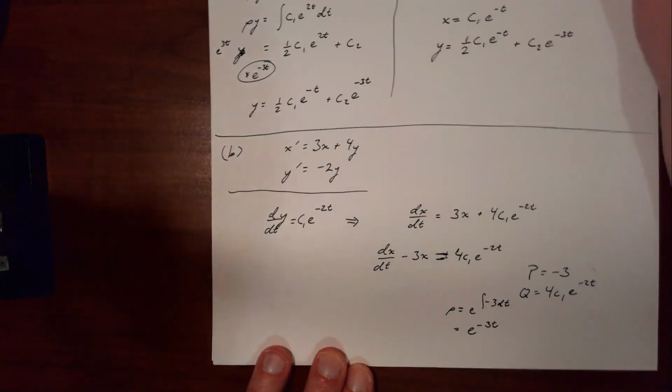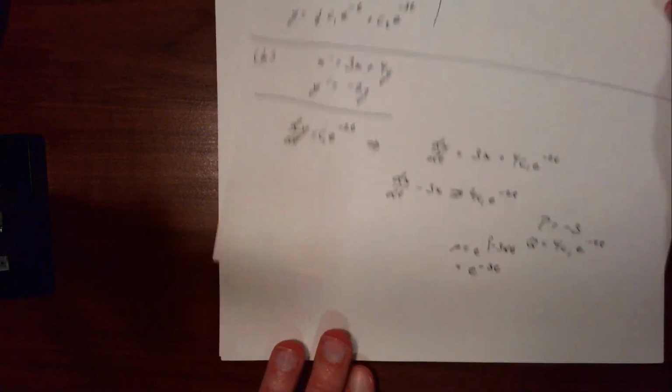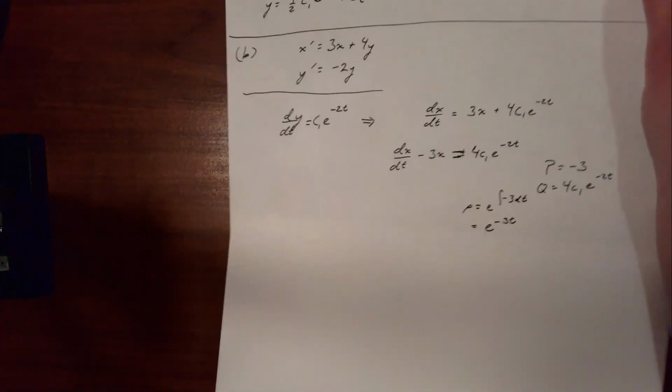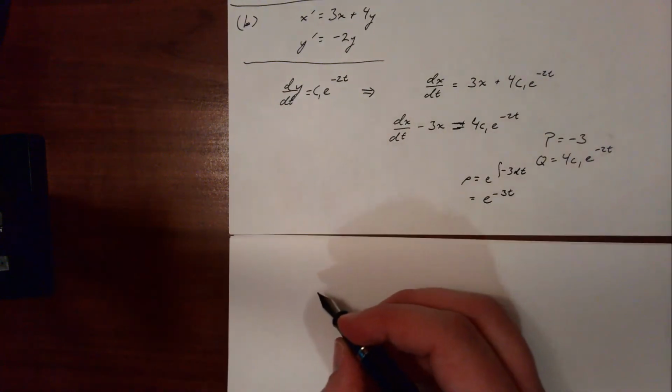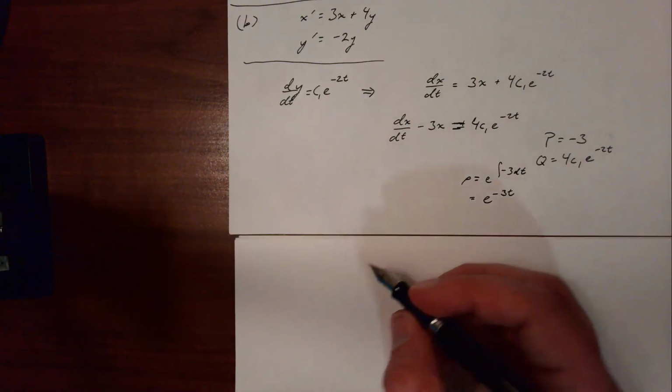So that is what we shall now multiply everything by, both terms on the left and the sole term on the right. All get multiplied by rho. So what does that mean?